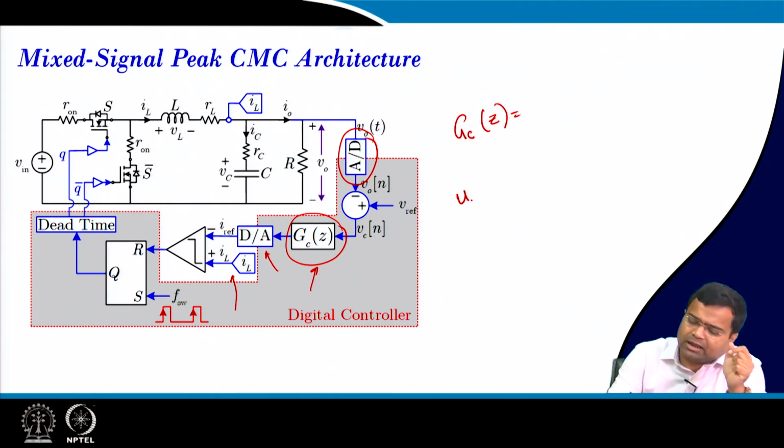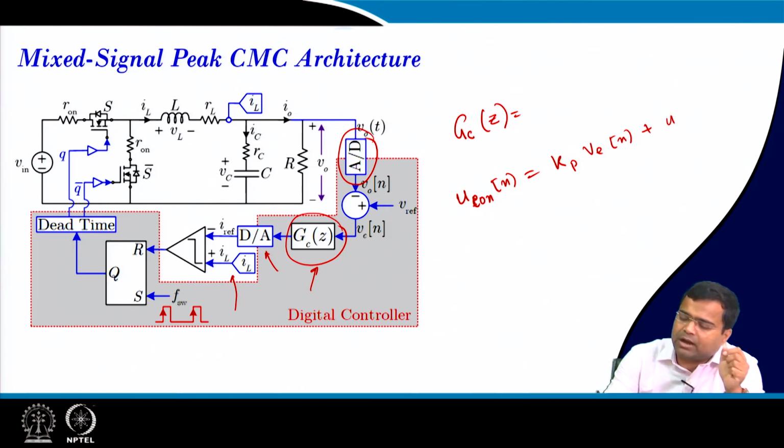A PI controller is generally written like this: the output of the controller u[n] is Kp times the error voltage plus UI[n], and what is UI[n]?